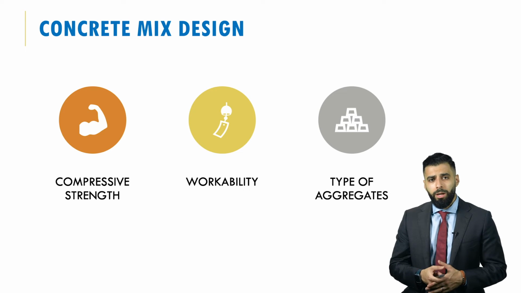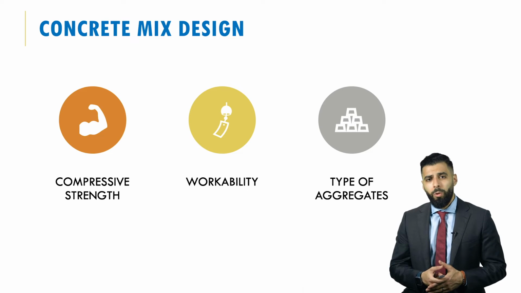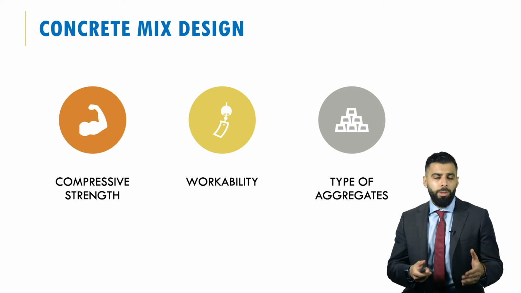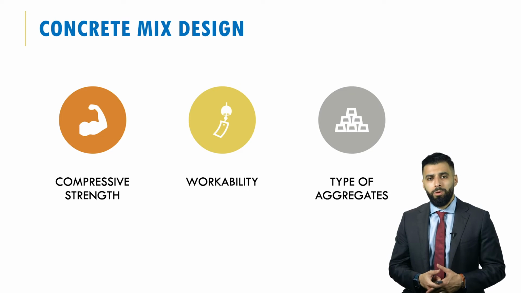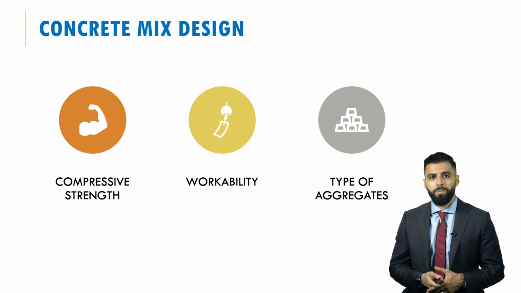The second parameter is the workability. This has to be determined again by the client, and subject to these requirements, you'll have the water to cement ratio determined. And then also the type of aggregates. So how are the aggregates classified? How much of it is coarse versus how much of it is fine?